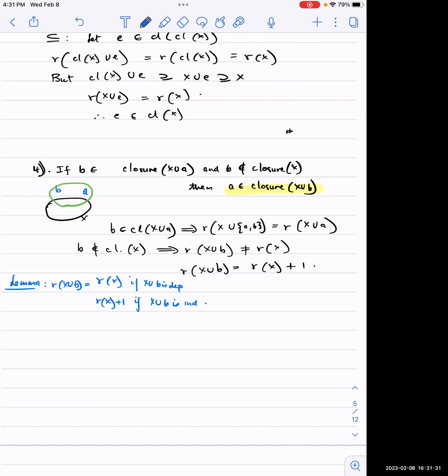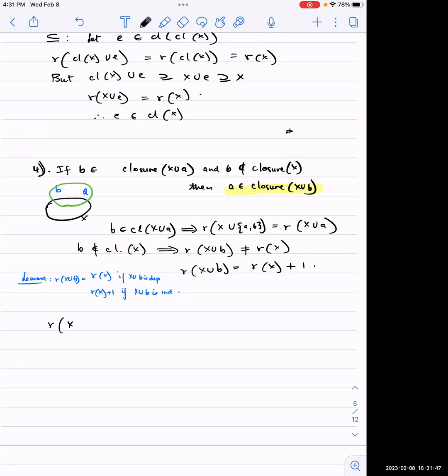So it'll just go up by 1. This is the little lemma that I'm using. Okay, so where were we? The rank of X union B is the rank of X plus 1.